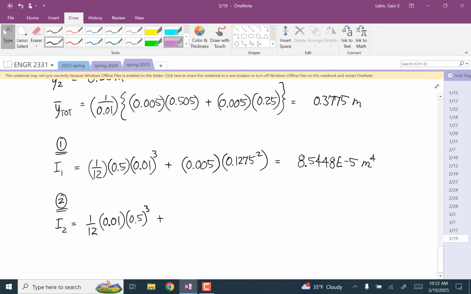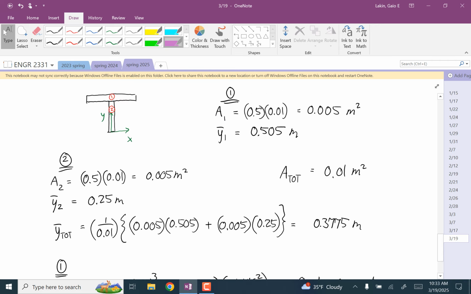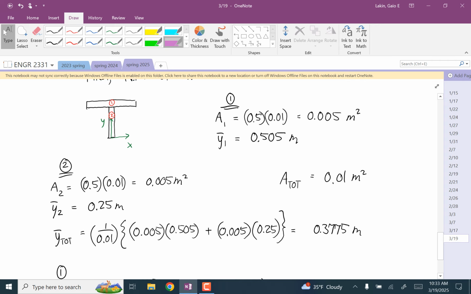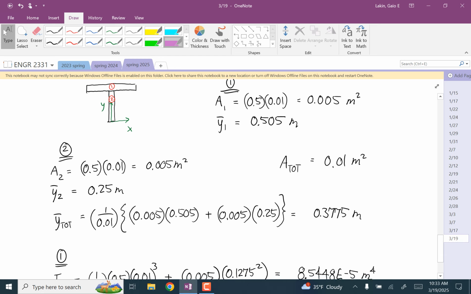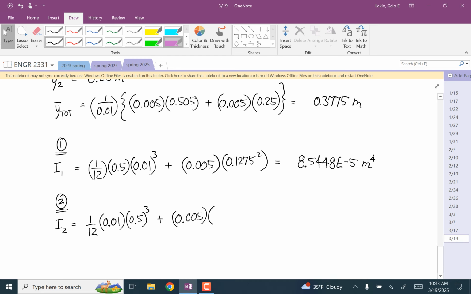And now plus the parallel axis theorem part, so that's 0.005 times the distance here, which is 0.3775 minus 0.25. So that's 0.1275 squared.